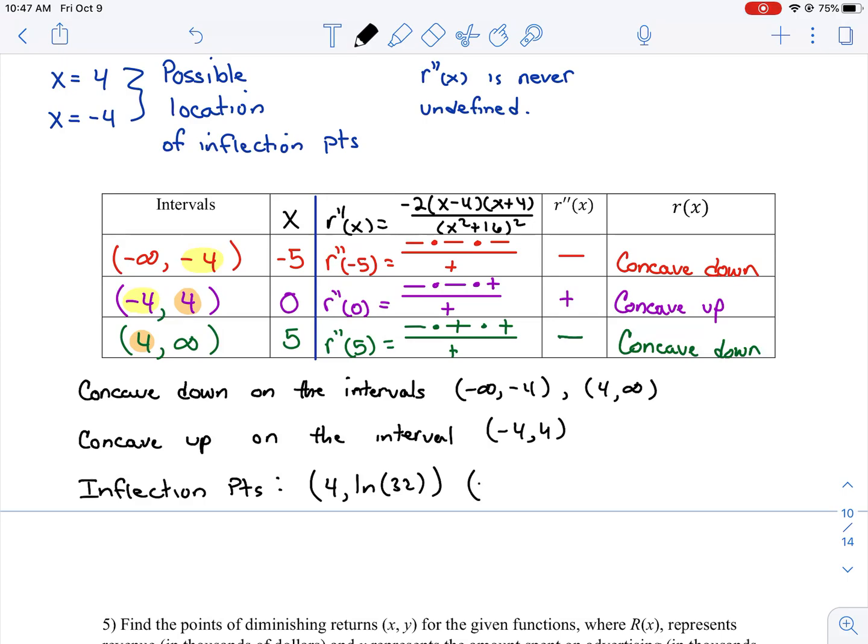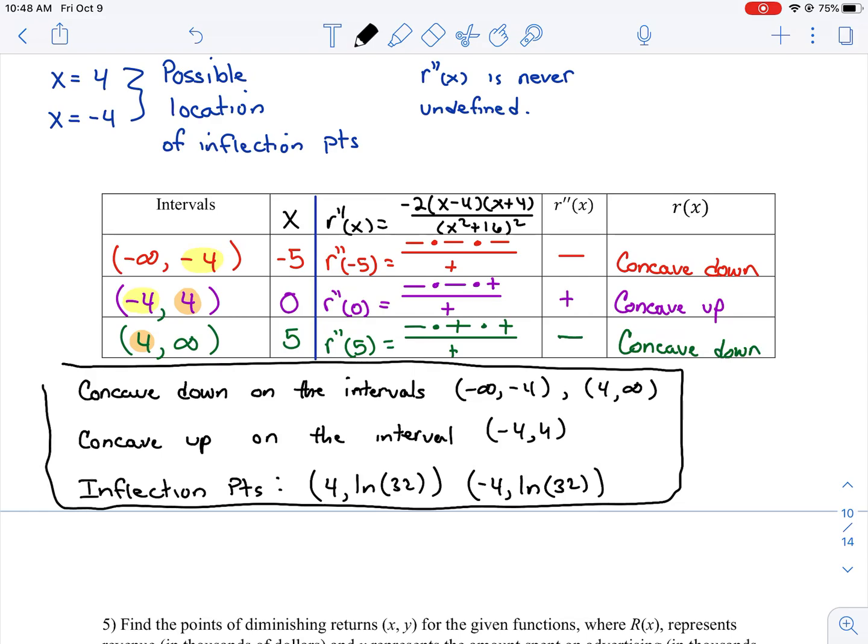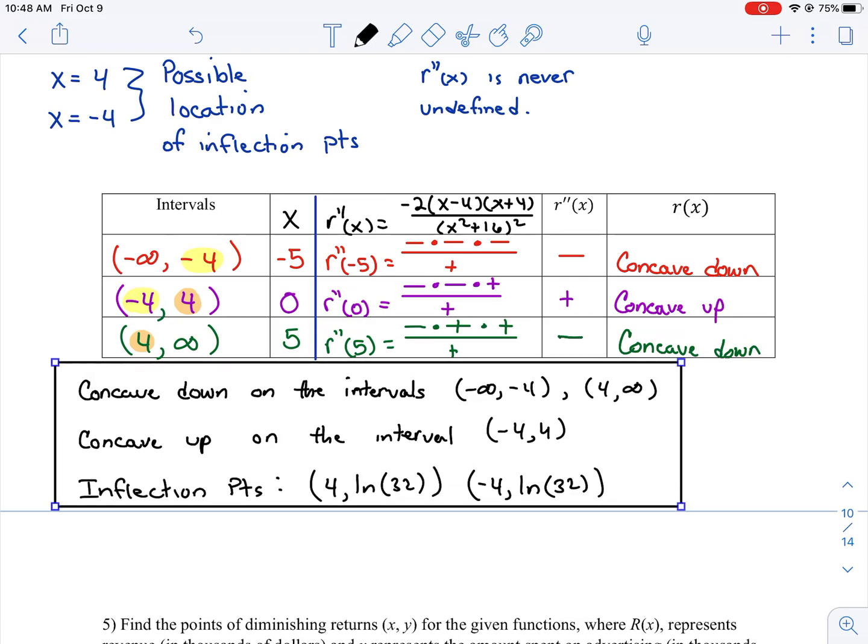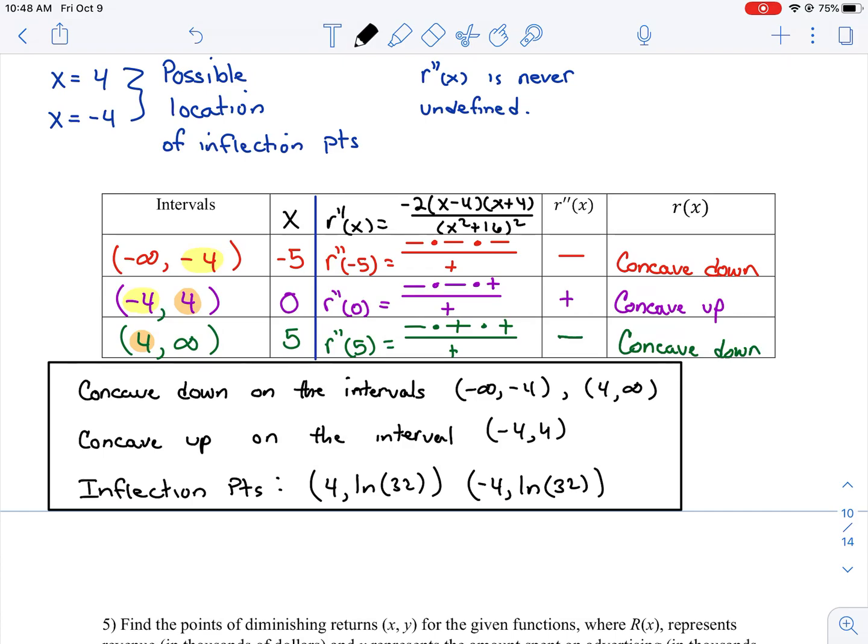And the second inflection point is going to be -4, natural log of 32. And I'm going to box this and then show you that everything in this box is correct. Here we go.